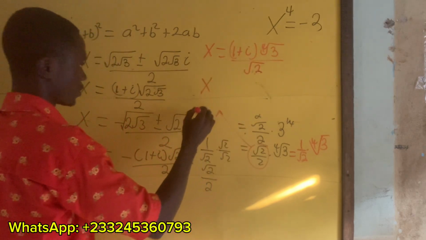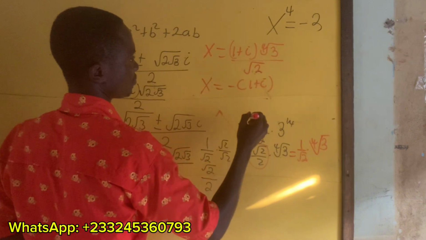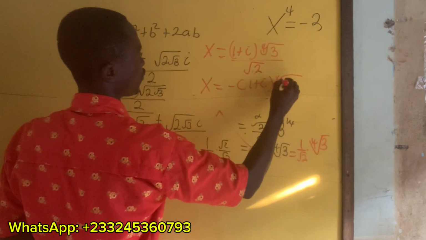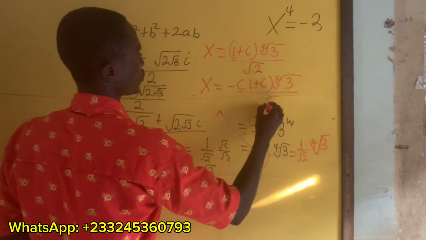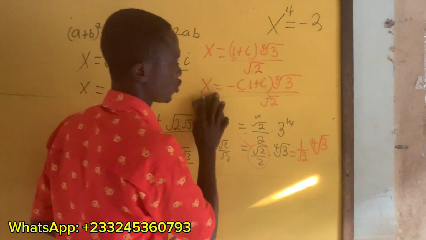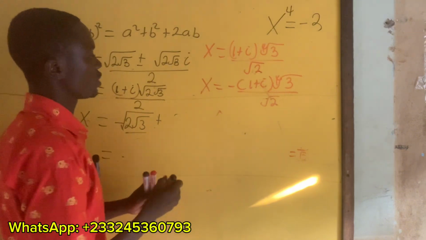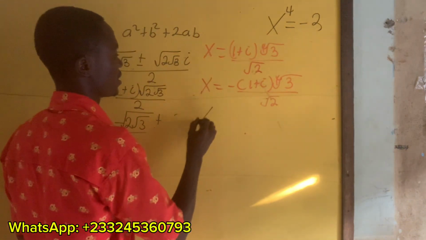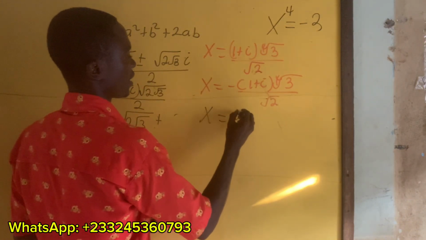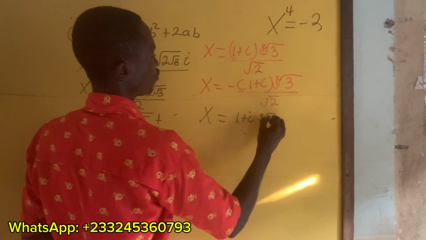And the other x will be negative into 1 plus i, then we have 4th root of 3 all on square root of 2. Wow. So we have the 4 solutions there to take. Now, the first one will give us this pair of solutions. x equals 1 plus i, the 4th root of 3.